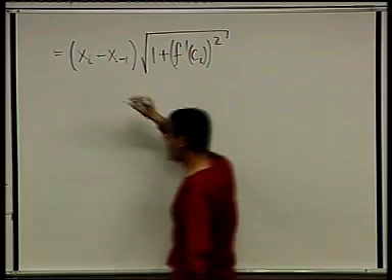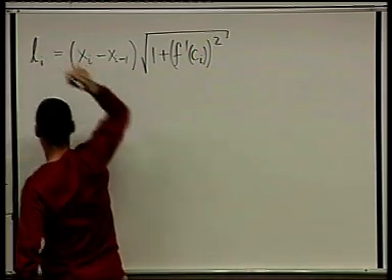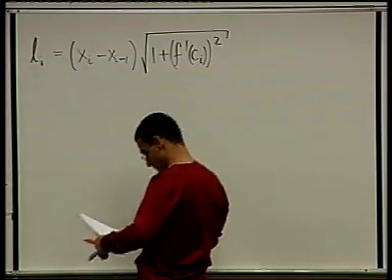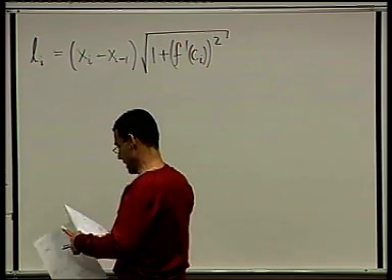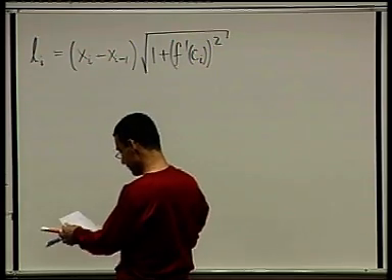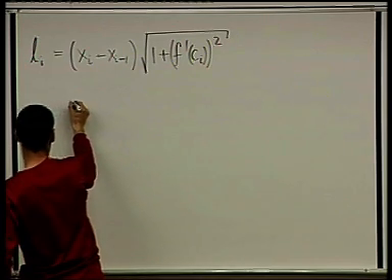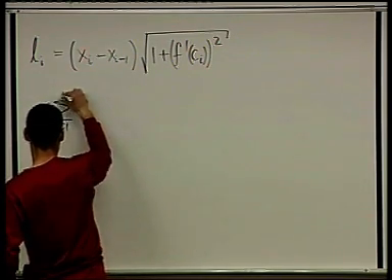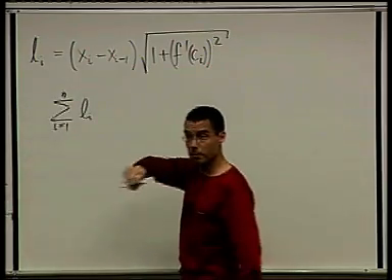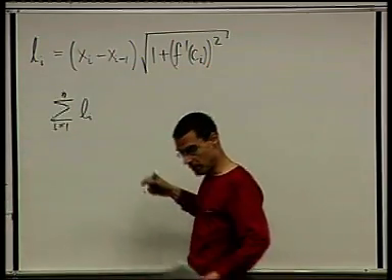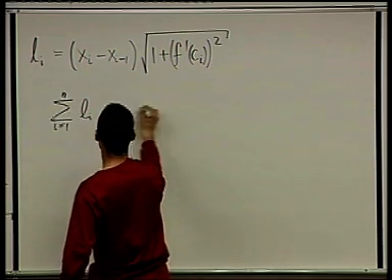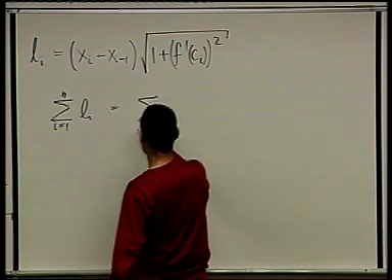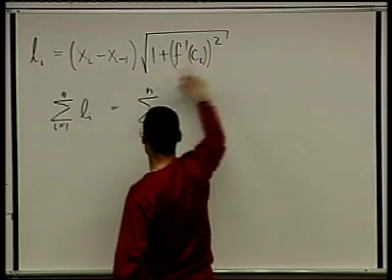So this is one little orange segment. This is one Li. And therefore, the sum of the Li's, i equals 1 to n, which is the length of the broken orange line, which is our approximation, equals the sum, i equals 1 to n, of these things.